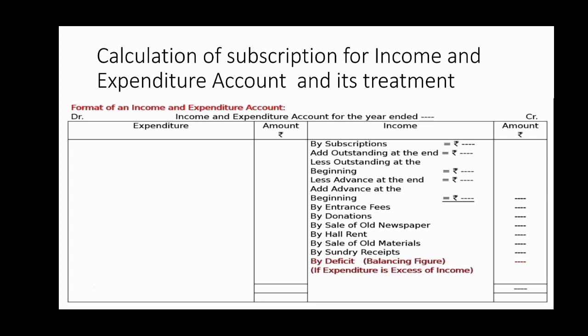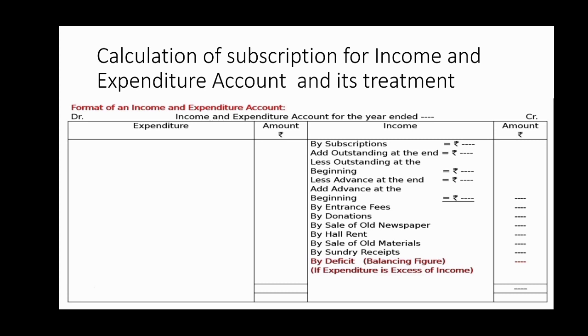Calculation of subscription in the income and expenditure account, its treatment. First, subscription. Subscription is a very important income of the NPO. It's contributed by the members of the NPO, maybe monthly, quarterly, half yearly, or annually. It's of revenue nature. So how will we find out the subscription to show in the income and expenditure account?